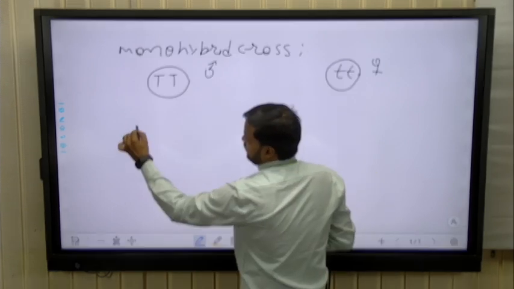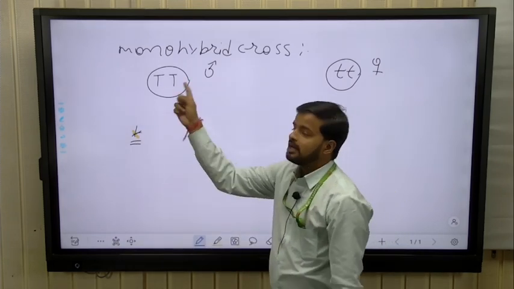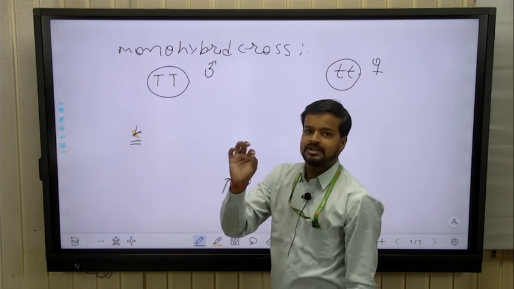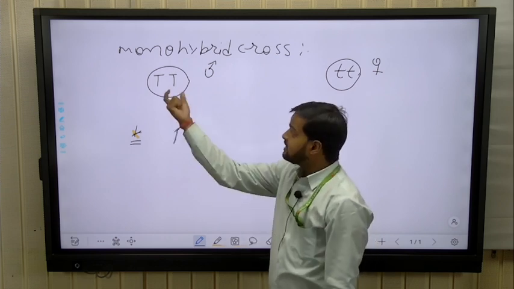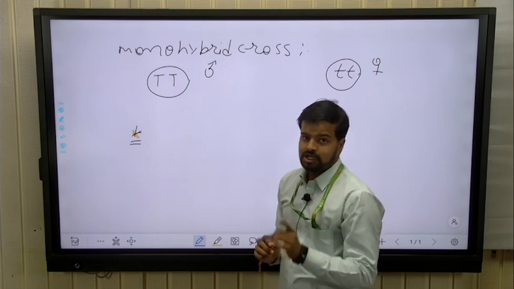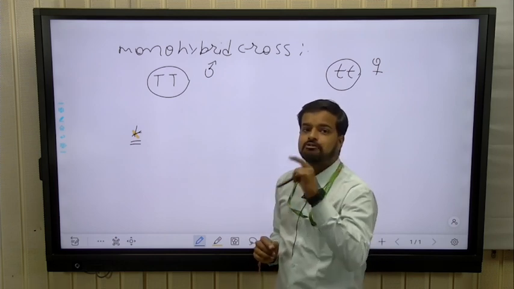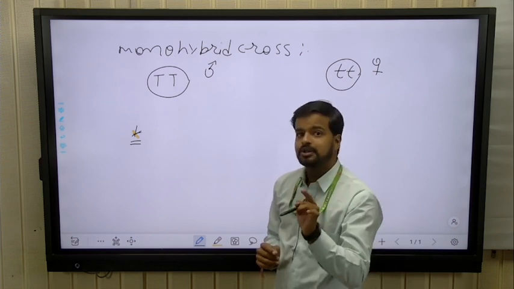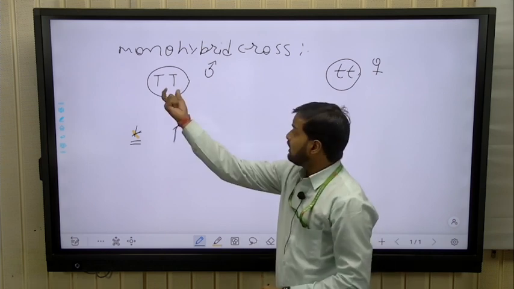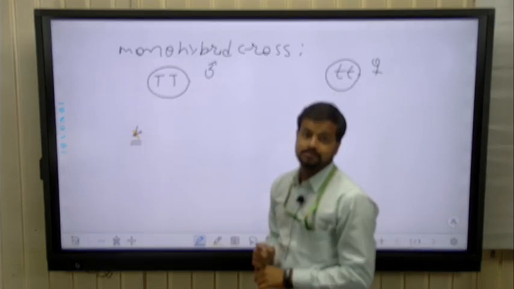Let's talk about how the gametes are formed. This is the genetic composition of the plant height characteristic. It is a homozygous condition, as we know. And a very important point, I am repeating this: in a homozygous condition, one gene, one allele works as a gamete.